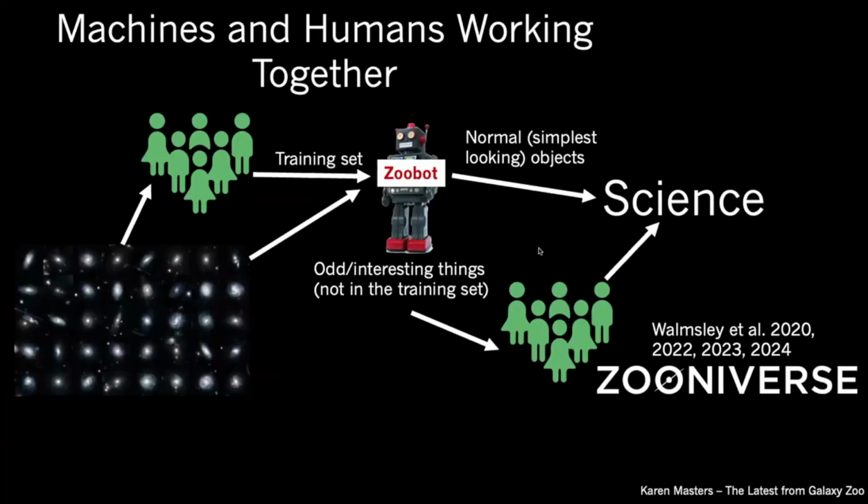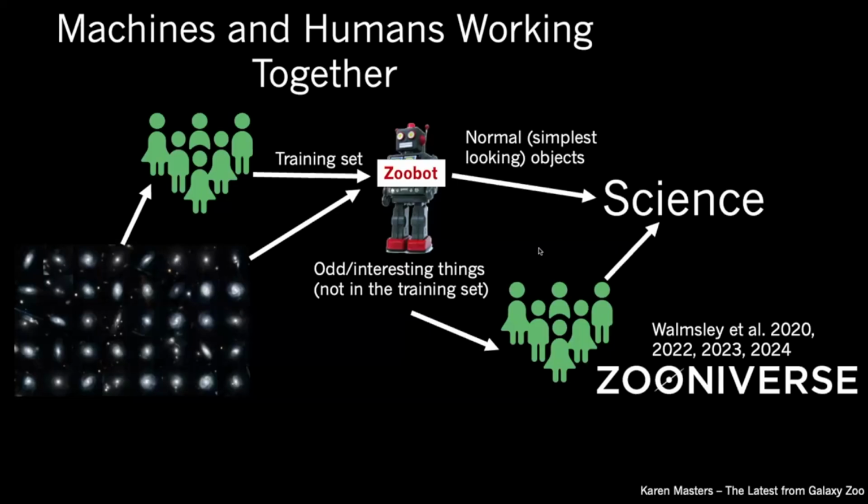That doesn't mean machine learning's not useful. In particular, in Galaxy Zoo, we've had a number of papers about our ZooBot machine learner. This is a supervised Bayesian CNN for those who want the terminology. We train it with a training set that's coming from the crowd. So we train it with the images we want to apply it to, with a subset of it. ZooBot then can learn really nicely to help classify the simple objects and clean out the boring things to classify, but it will feed back things that it's not sure about.